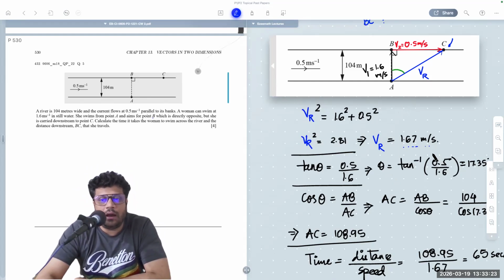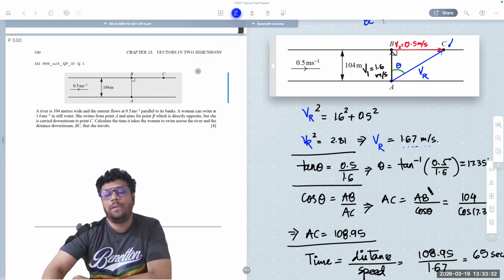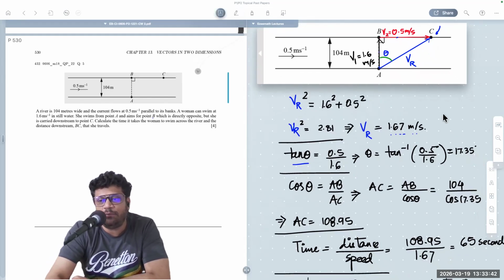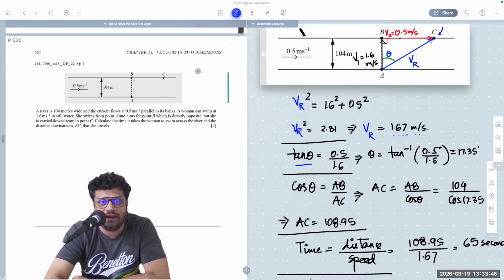Let's find the distance AC. For that, I need this angle. I know that tan of that angle is 0.5 by 1.6, opposite by adjacent, and this angle comes out to be 17.35 degrees.